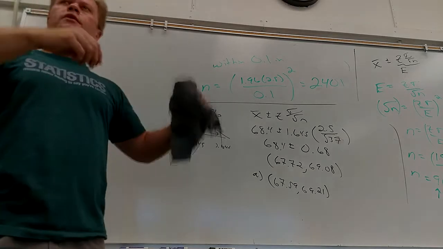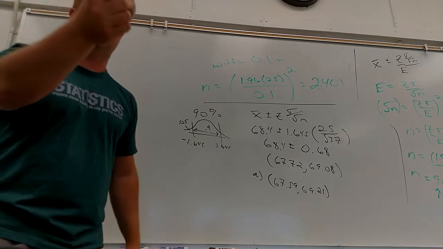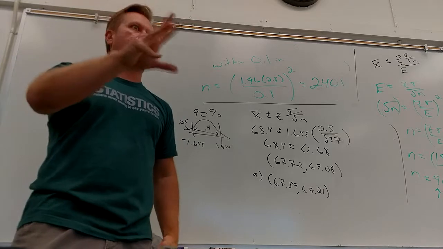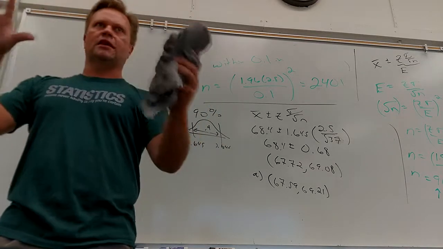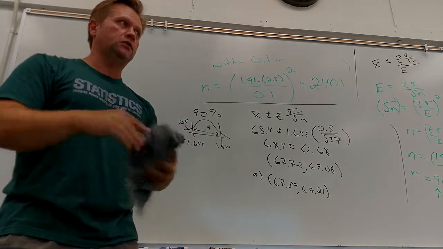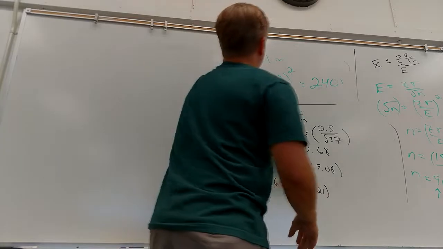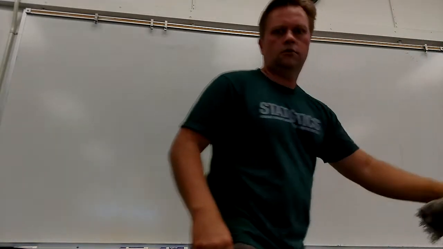The reason I do that is because 8-1 and 8-3 both use z-scores, the normal distribution. 8-2 uses something else, because 8-2 is where we don't even know sigma. So things have got to change a little bit for section 8-2. That's why I skipped it and come back to it. This is the last thing for today, so just hang on.